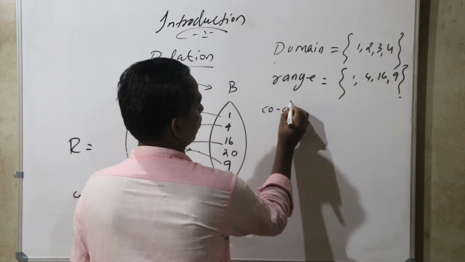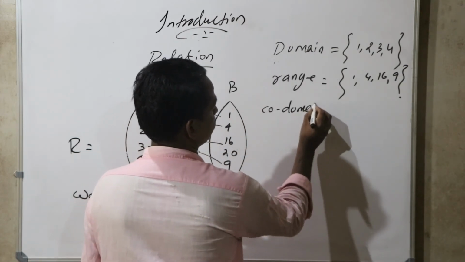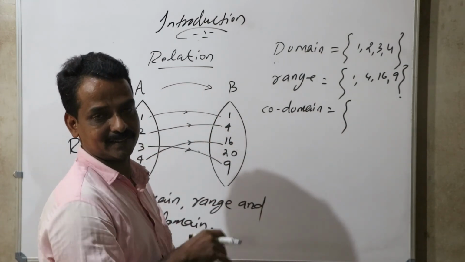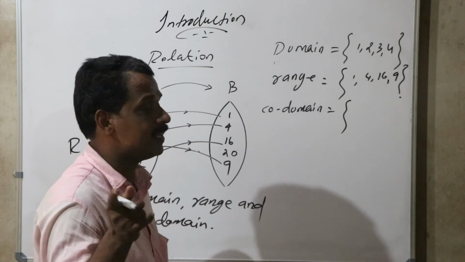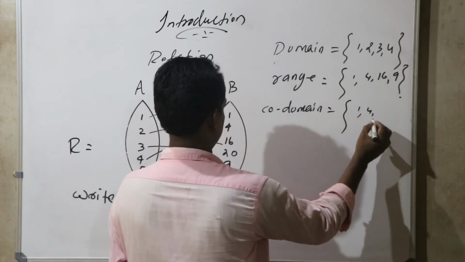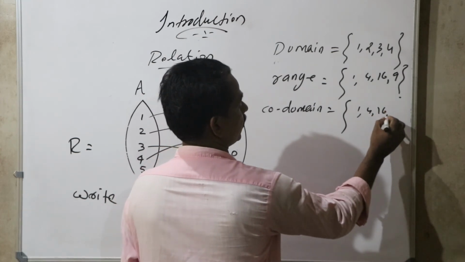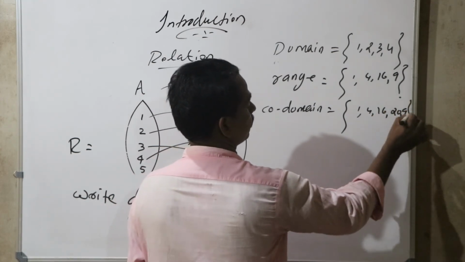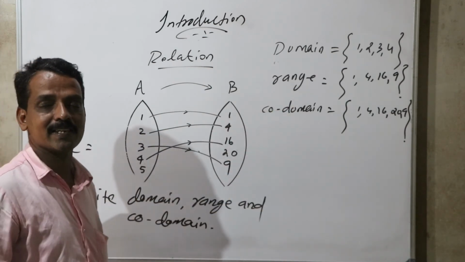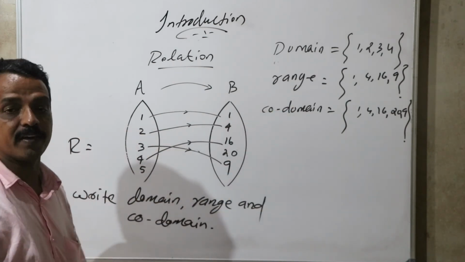Codomain. Codomain is the set B, which here contains 1, 4, 16, 20 and 9. Codomain is the set B of any relation.